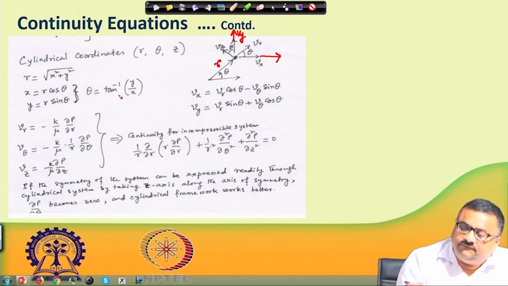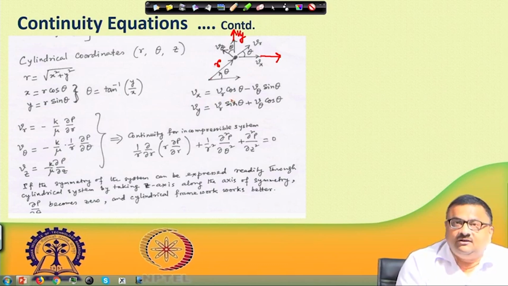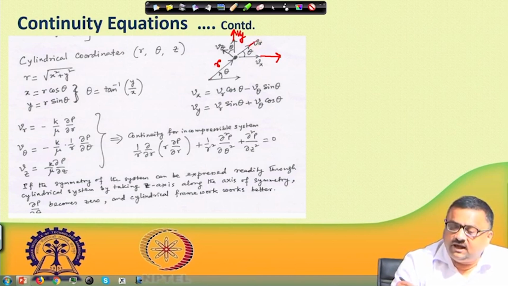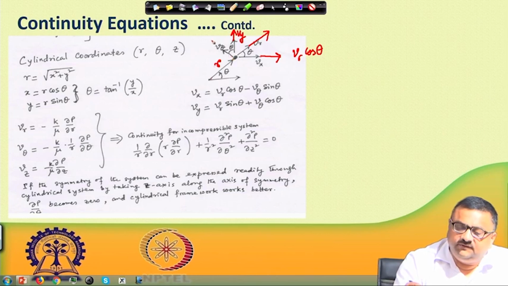And further, V x is equal to V r cos theta minus V theta sin theta. You can see here this is V r, so the corresponding component in the x direction would be V r cos theta. Then V theta is already moving this way, so V theta will also have a component, which is at 90 degree minus theta.